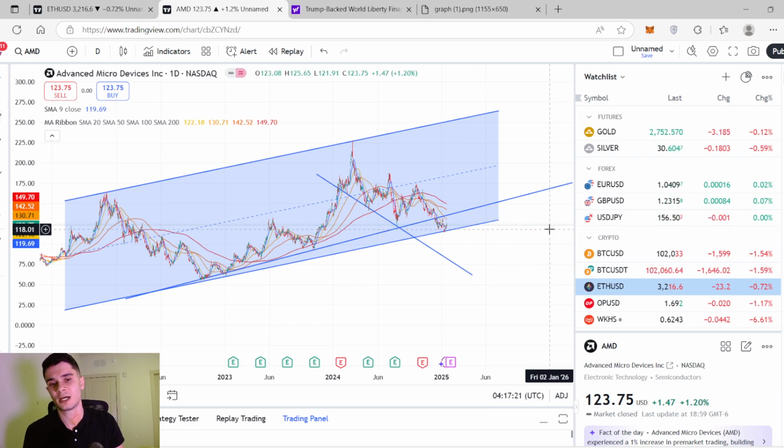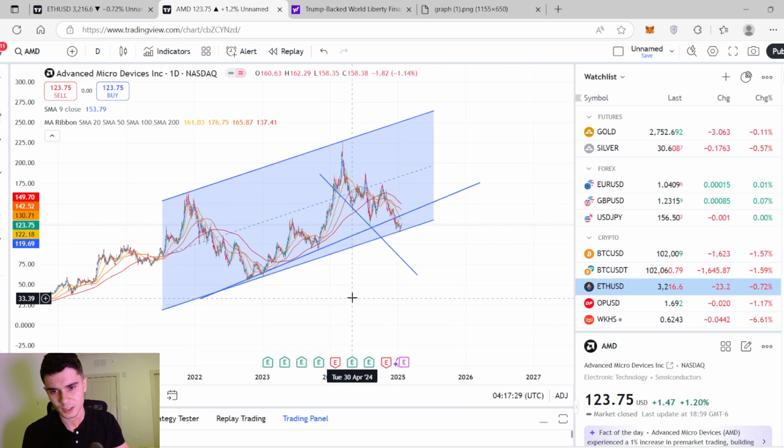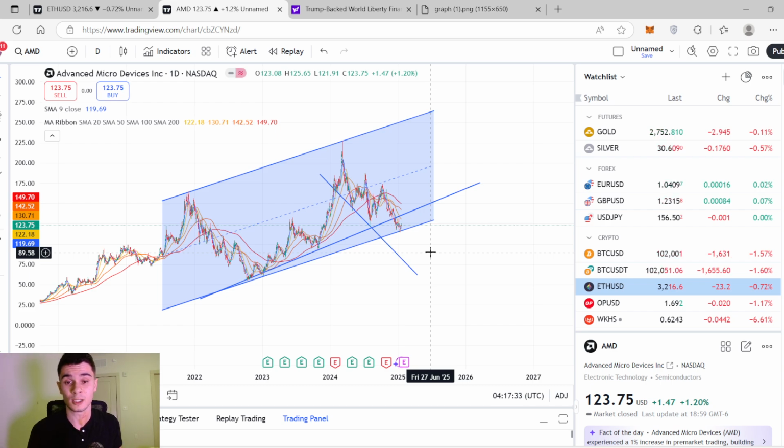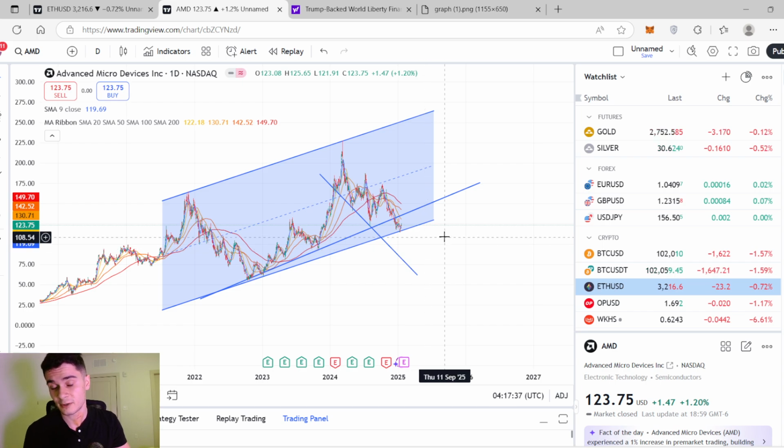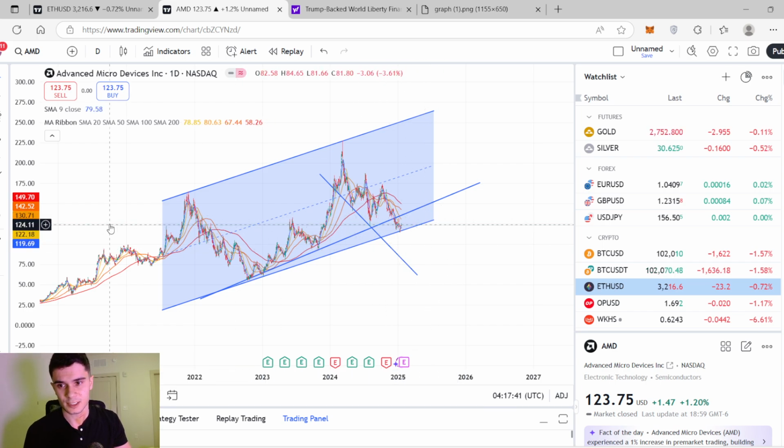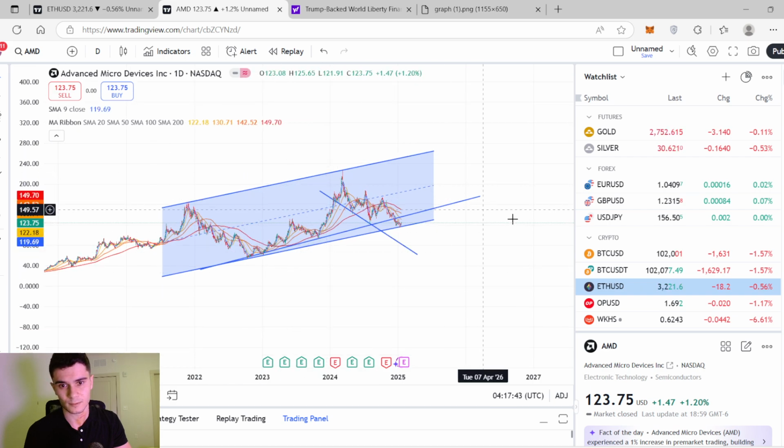So if you guys want a very nice, profitable, strong company that can potentially have a lot higher valuation in the future, I think AMD is a good buy right now. So this is something that you might want to look into.